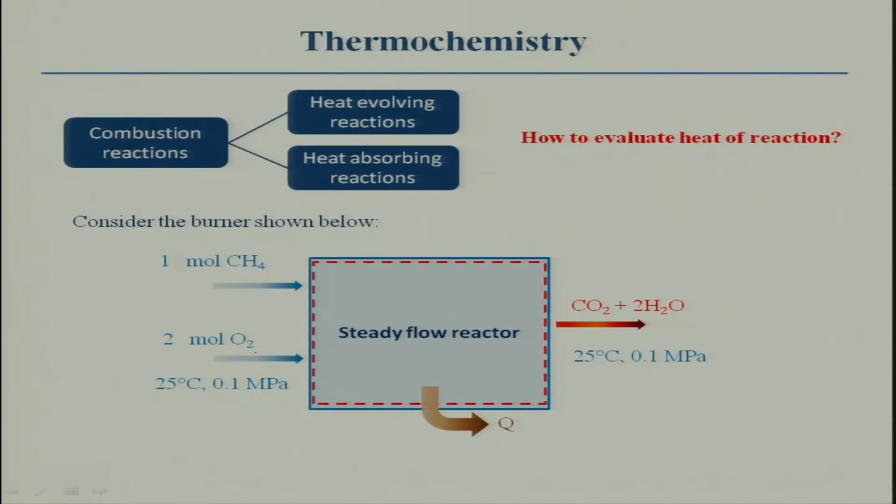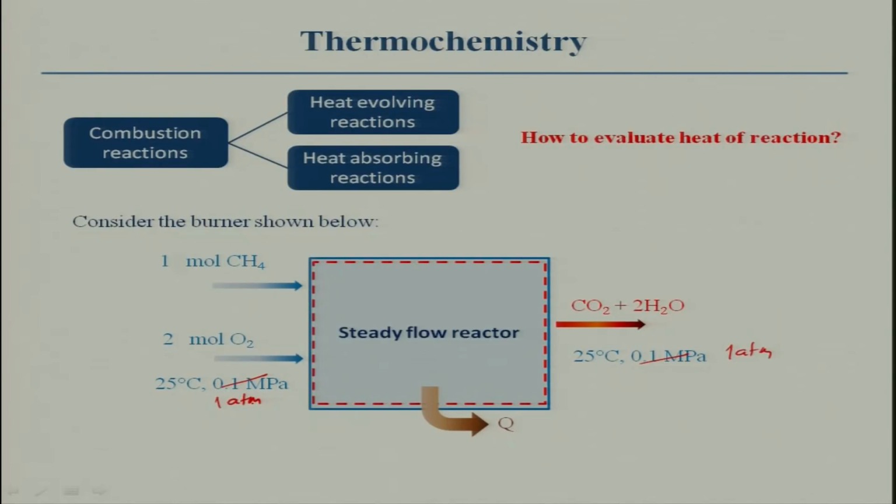And keep in mind that the fuel and oxidizer enter this reactor or burner at 25 degree Celsius and 1 atmospheric pressure, and the products also leave at 25 degree Celsius and 1 atmospheric pressure. 1 atmosphere means 101,325 Pascal, okay.